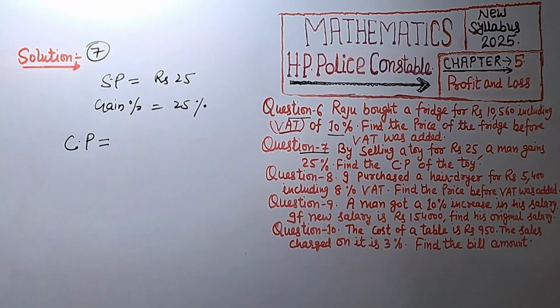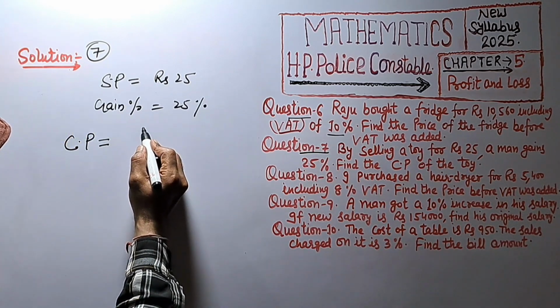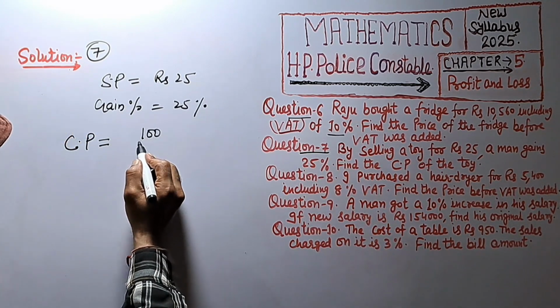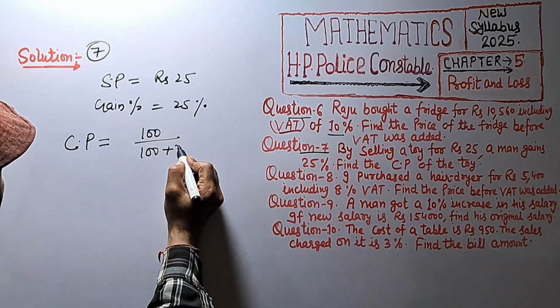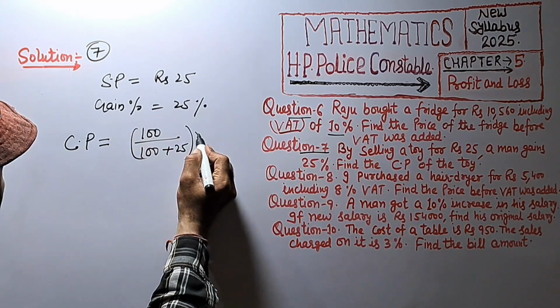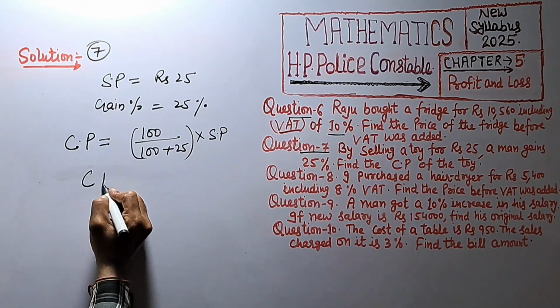Cost price is equal to 100 upon 100 plus gain percent into selling price.